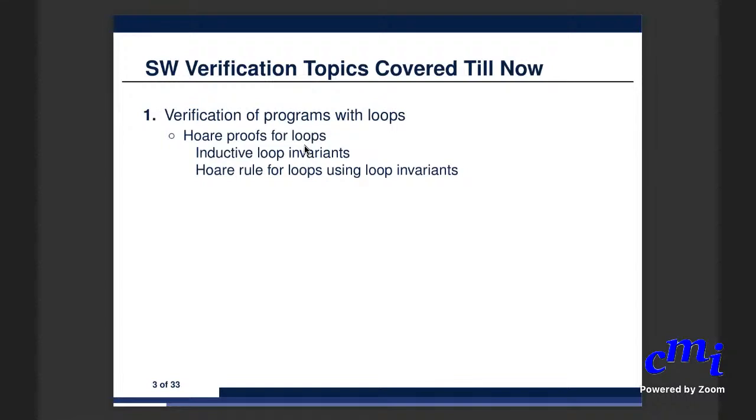Okay, and one way to do it is using the crutch of inductive loop invariants. So what inductive loop invariants were, and how a Hoare rule for loops, which is a way to derive a Hoare triple for entire loops using loop invariants. Okay.